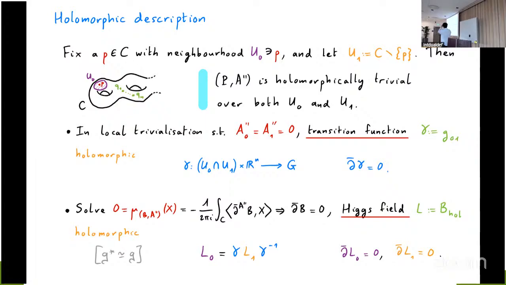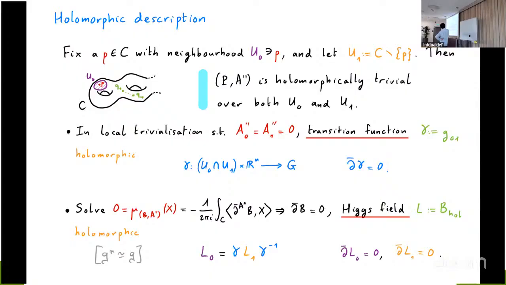From now on, I'll always implicitly identify the dual of the Lie algebra G with itself. This allows me to think of this holomorphic Higgs field as a lax connection. It's Lie algebra valued now, and it transforms over different patches. As the Higgs field transformed under the co-adjoint representation, this transforms under the adjoint representation because I've identified G with its dual.